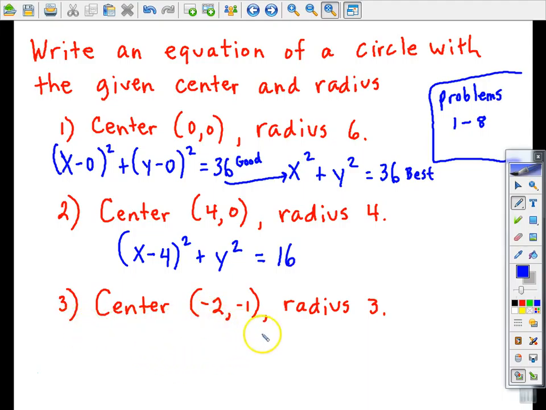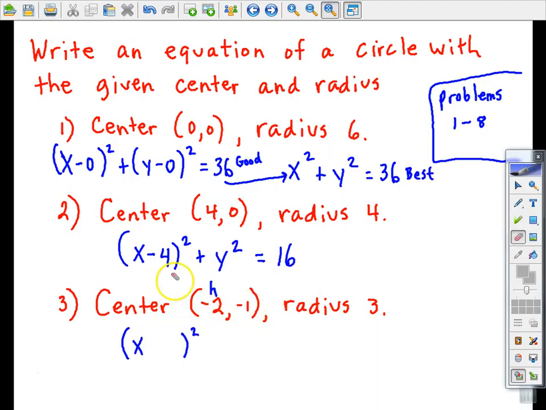For number 3, really the time that you have to kind of be careful with the circle equations will be times like this. Remember, our equation is x minus h squared. Well, h in this case is negative 2. So it literally would be like this. Well, we know that when you subtract a negative number, that's the same thing as addition.